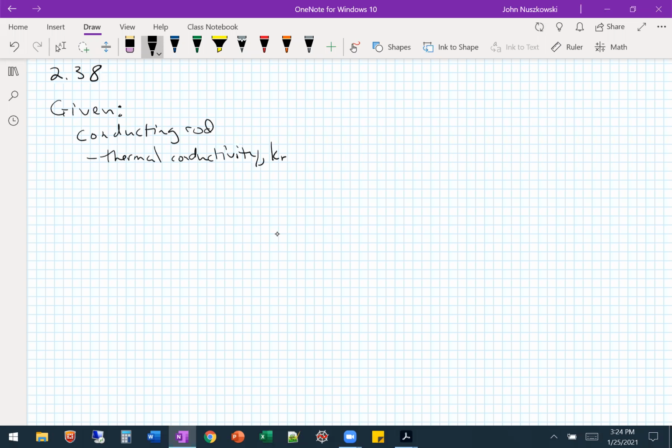It has an outer radius, so radius Ri, and it has a uniform volumetric heating rate of Q dot.